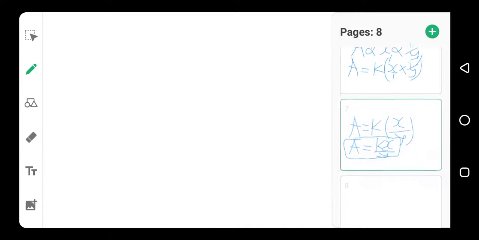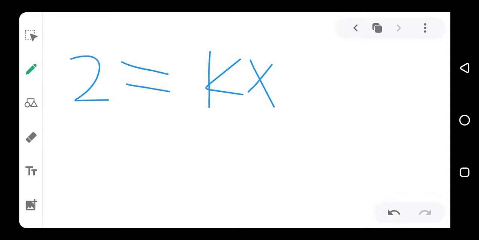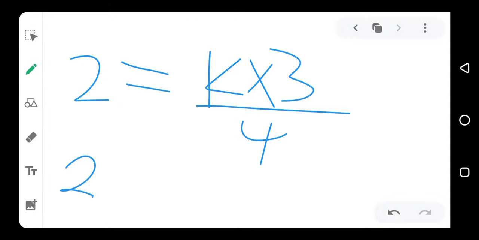So if we do that, we are now going to have that A is equal to 2, so 2 is equal to K times X, where X is equal to 3, and Y is equal to 4. So we have now that 2 times 4 is equal to 3K.